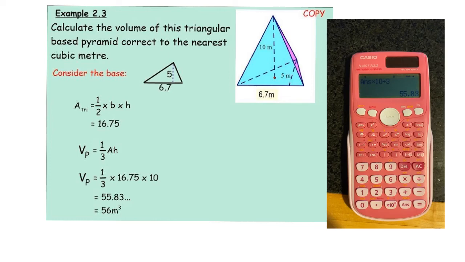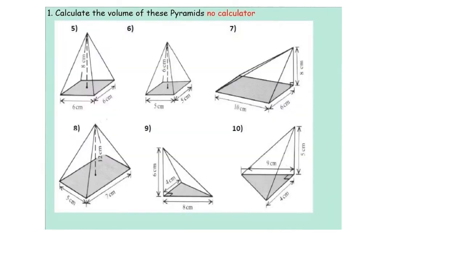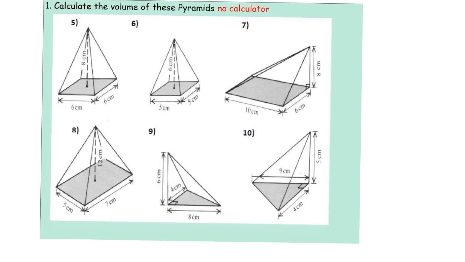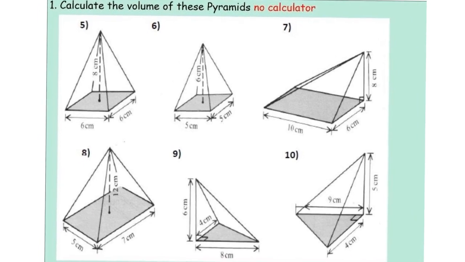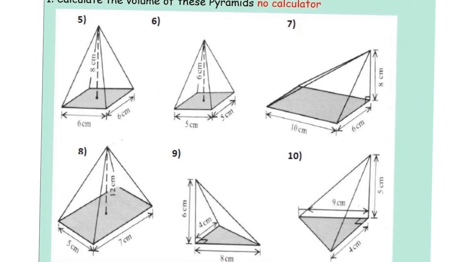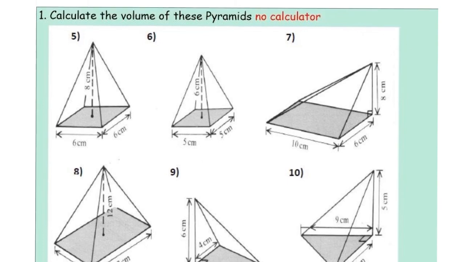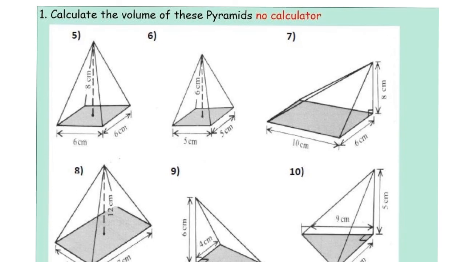Now, to practice this, I would like you to try these non-calculator ones first. I'm just going to zoom it in a bit in case you can't see the dimensions of each one. You do not need to draw out a sketch of each one because that's a bit time consuming.